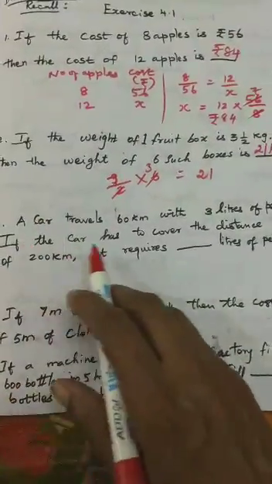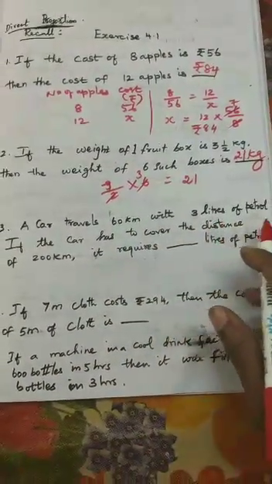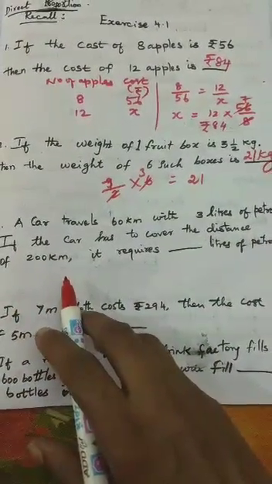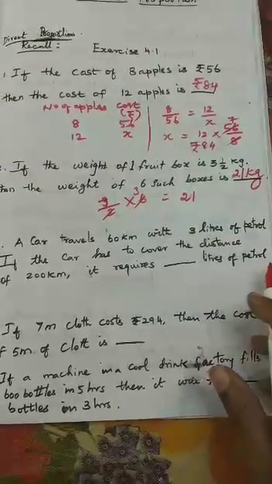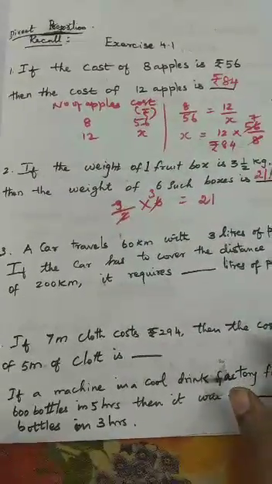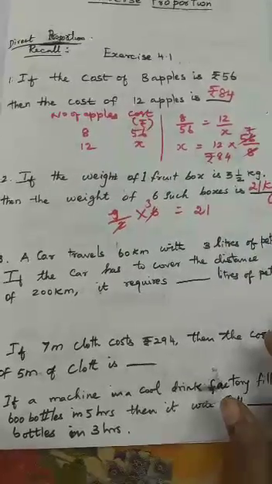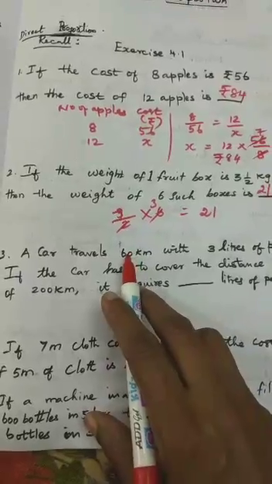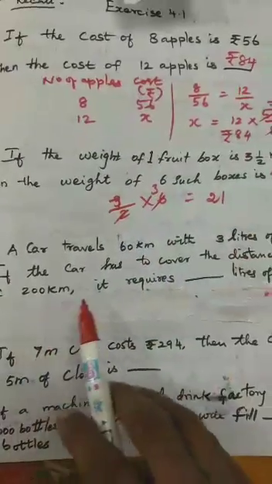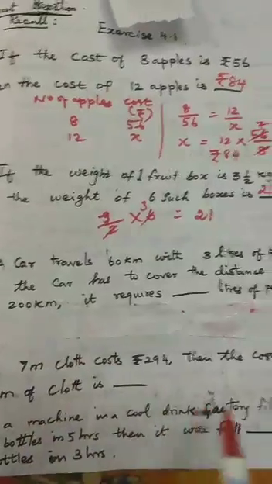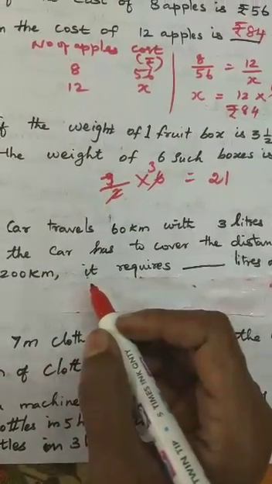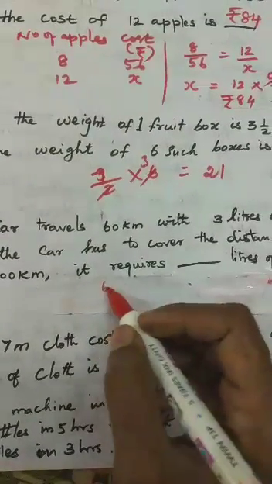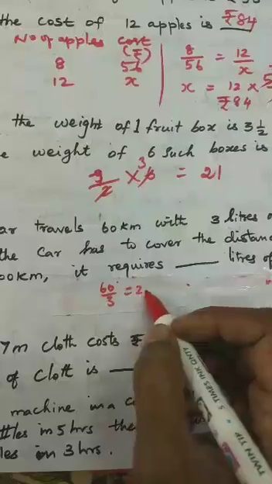Okay, next. A car travels 60 km with 3 liters of petrol. If the car has to cover the distance of 200 km, it requires dash liters of petrol. Okay. You can do by unitary method also. What is meant by unitary method? Yes, you have to find for 1 liter how many kilometers it is traveling. For 3 liters, 60 kilometer, means for 1 liter, 60 by 3 is 20 kilometer.